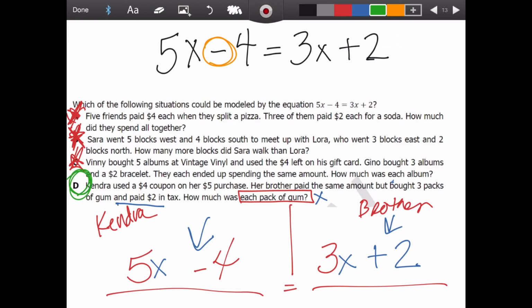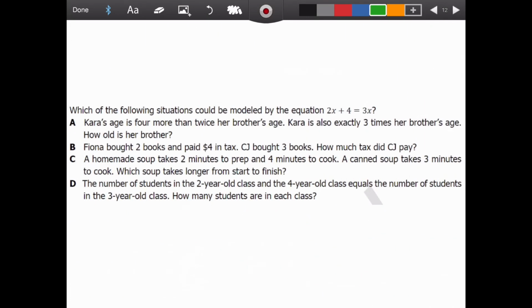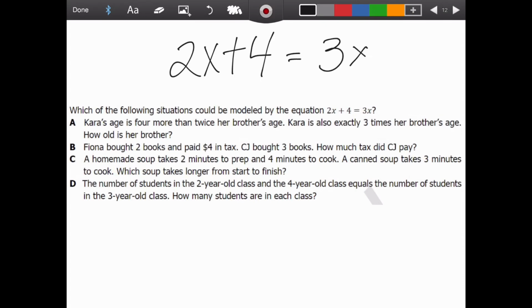All right, last equation, guys. Okay, which of the following situations could be modeled by the equation 2x plus 14 is equal to 3x? And again, we want to pay attention to the operations. We have plus on this side, and on the other side there's only one term and 2 terms on the left side.